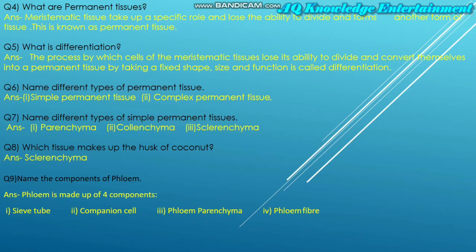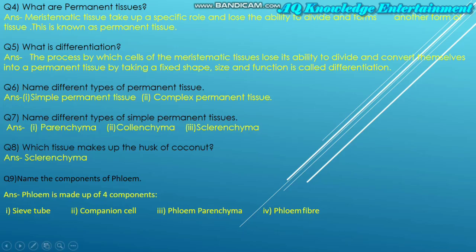Now there comes another scientific name, that's differentiation. Differentiation is basically the process by which the meristematic tissues change into permanent tissues, or take a permanent shape, size and function. Okay, so now the fifth question is, what is differentiation?